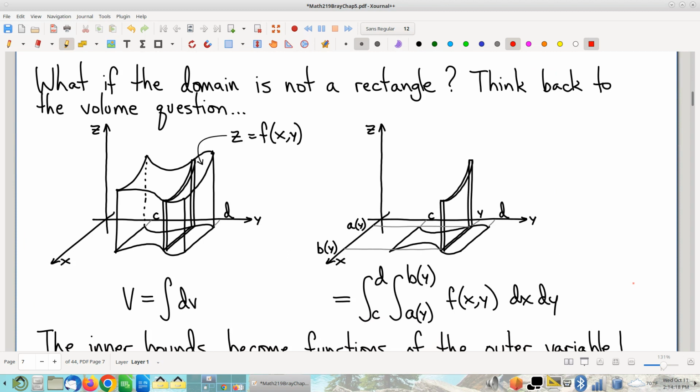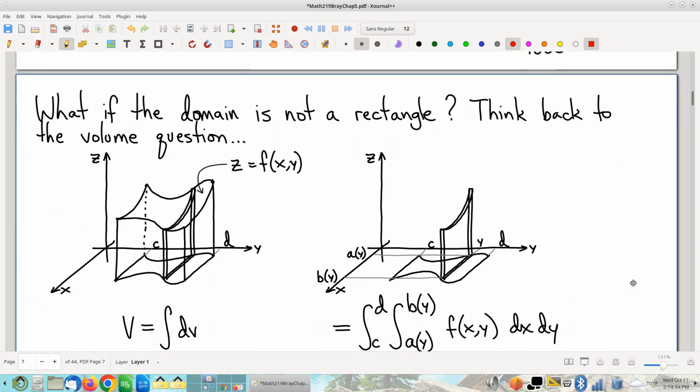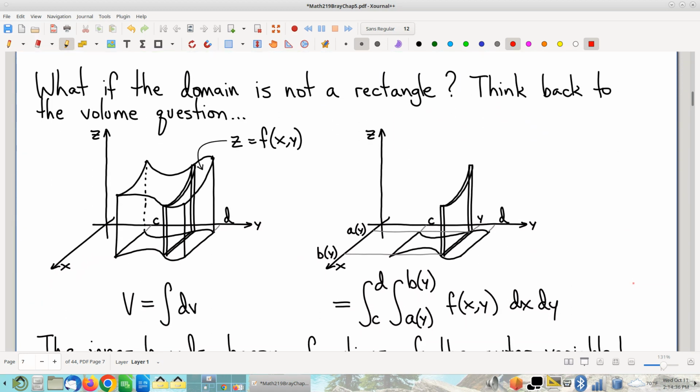What if our domain is not a rectangle? Notice every question that we've asked so far, the domain has been a rectangle. How much volume is there sitting over a rectangle? How much work does it take to construct this rectangle, etc.? Okay. What if it's not a rectangle? I could still very reasonably want to look at a graph.